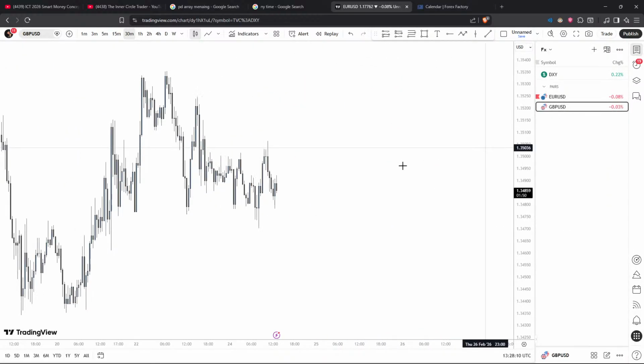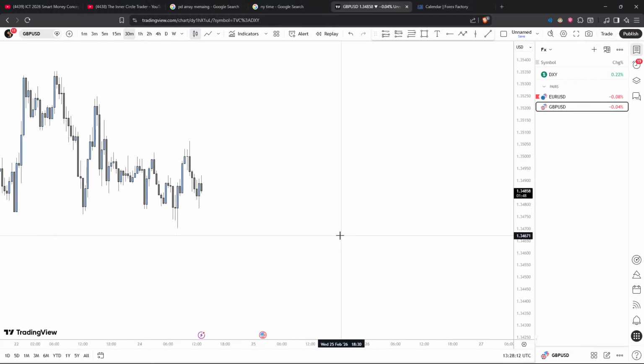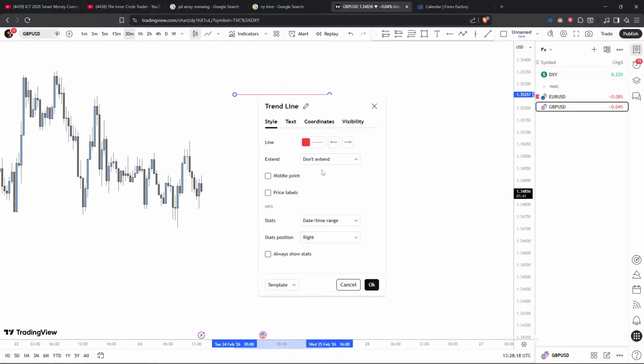And then for GU, we can manually... also I need to change something. It's the templates.